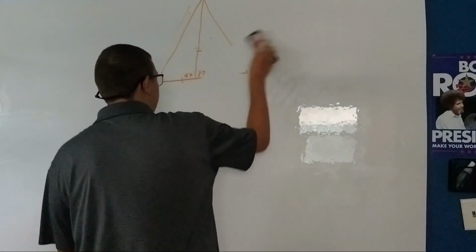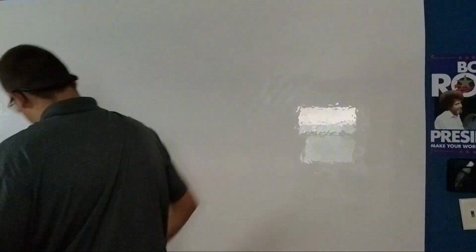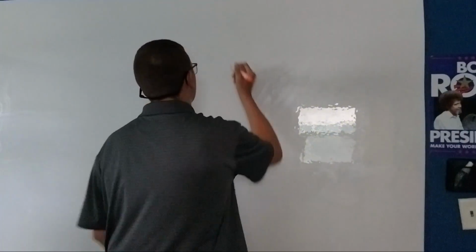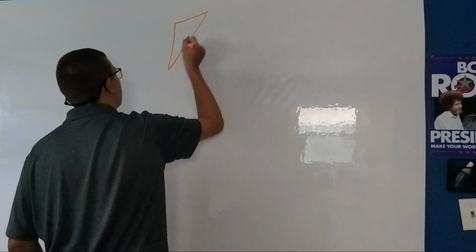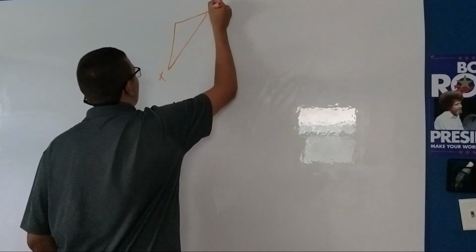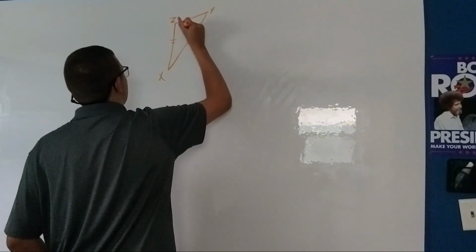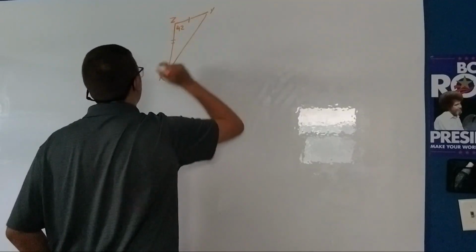And one more example before I finish. We have 2 triangles here. Just give you the 2 triangles this time. We have X, Y, Z like this. And this will be, I don't know, 42 degrees.